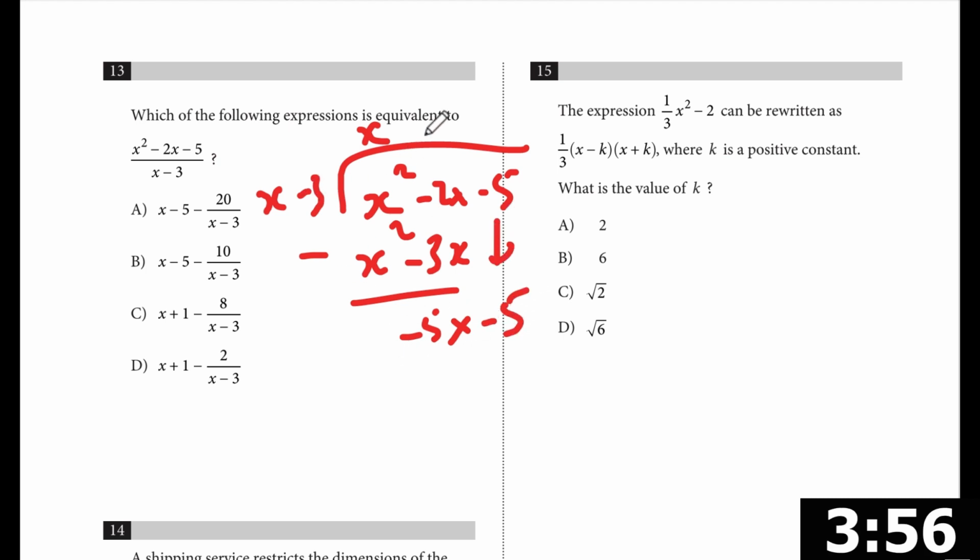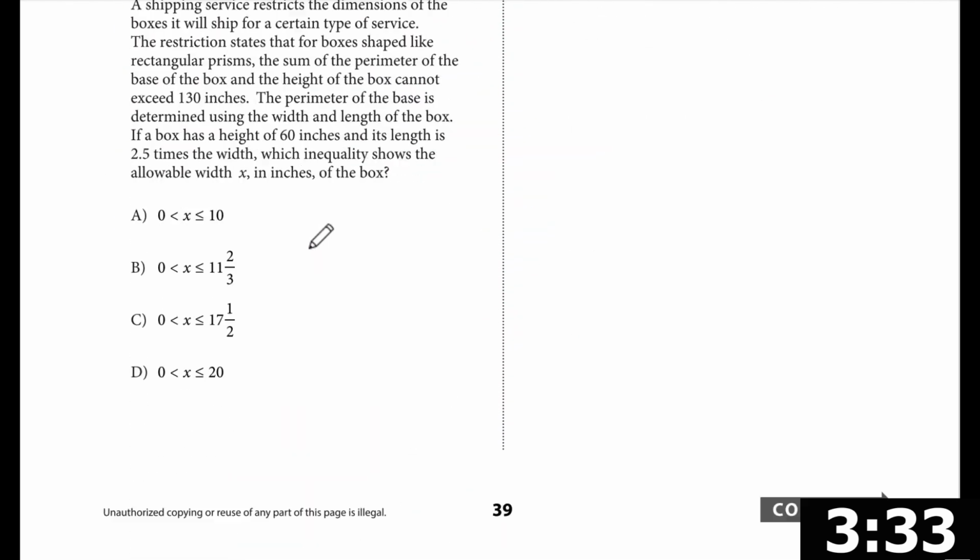This would be minus 5. So this would be -5x plus 15. These two would cancel out, and -5 plus 15 is -5 minus 15, sorry, is -20. So the only one would be A.